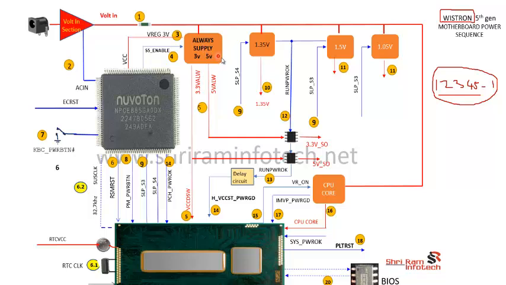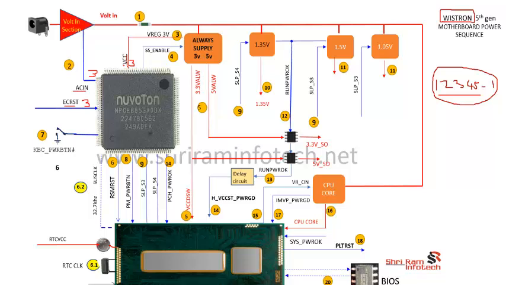But before that, the SIO needs 3 signals: EC reset, which is 3 volt; AC in, which is 3 volt; and 3 volt at the VCC pin. So the SIO needs 3 signals: AC in, EC reset and VCC.